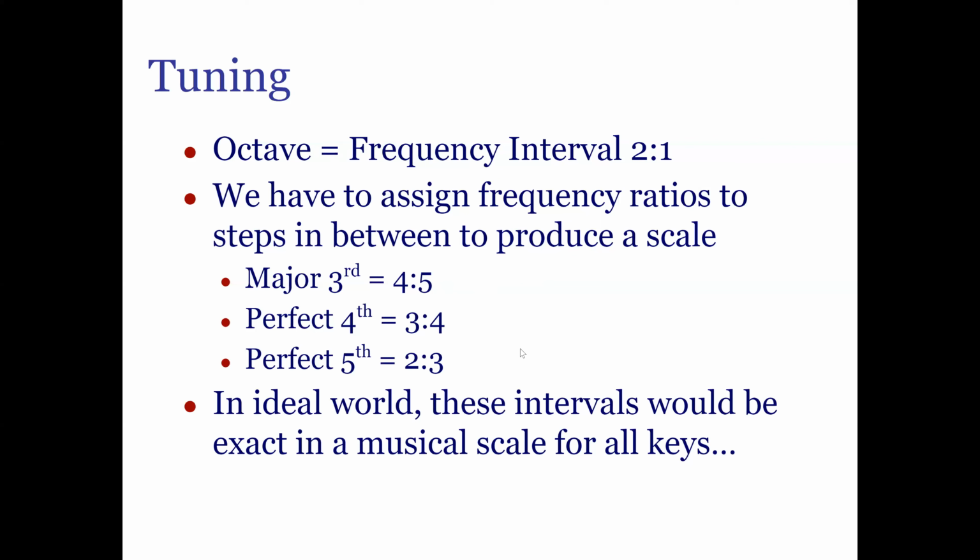So in a perfect world, once you tune, you have all these intervals exactly in place, but we'll see as we start talking about actual tuning scales rather than just frequency intervals, that we run into issues keeping all these straight.